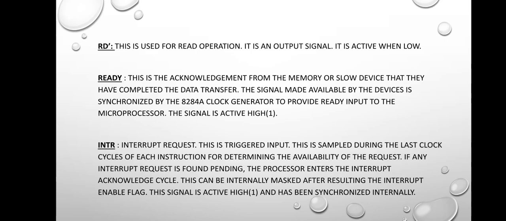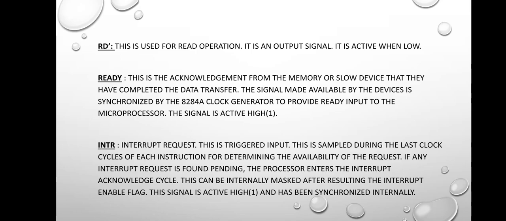Another one is INTR. Here INTR is nothing but an interrupt request. This is a level-triggered input and it is sampled during the last clock cycle of each instruction to determine the availability of the request. If any interrupt request is found pending, the processor enters the interrupt acknowledge cycle.